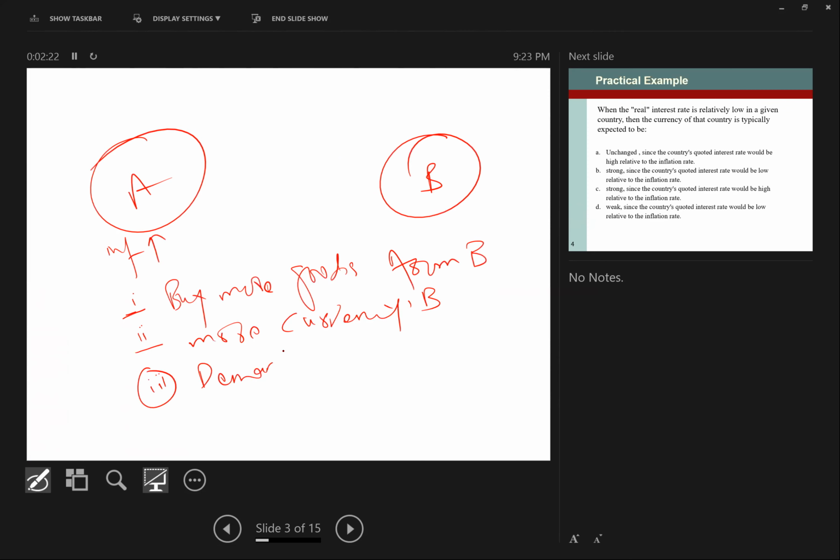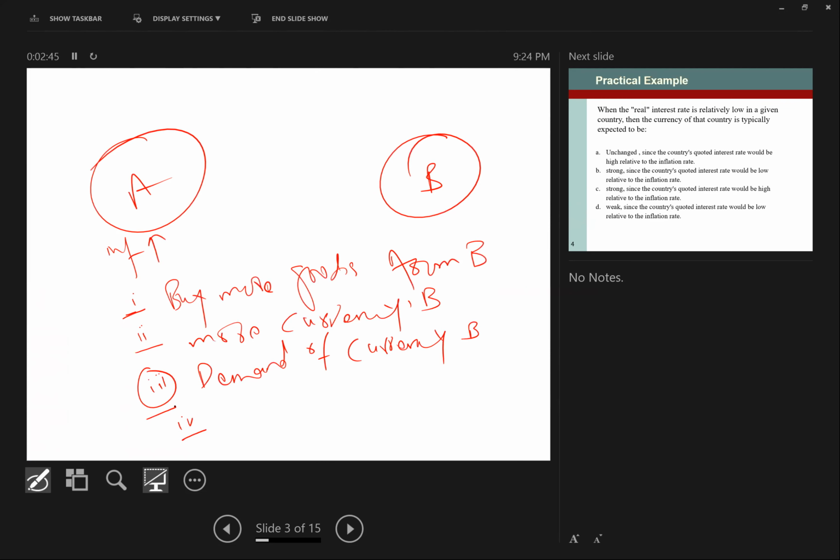And as country B's inflation remains the same, the supply of country B's currency will remain the same as well.